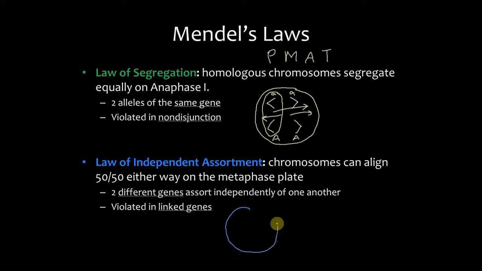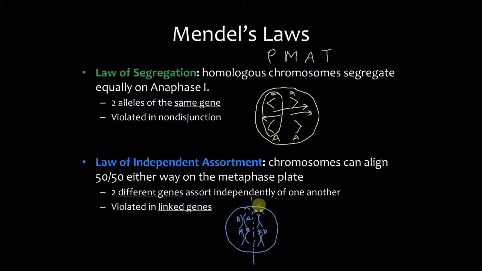So we have our cell, and here are our chromosomes with sister chromatids, and this is big A, and this is little a, this is big B, and this is little b. So here's metaphase 1.